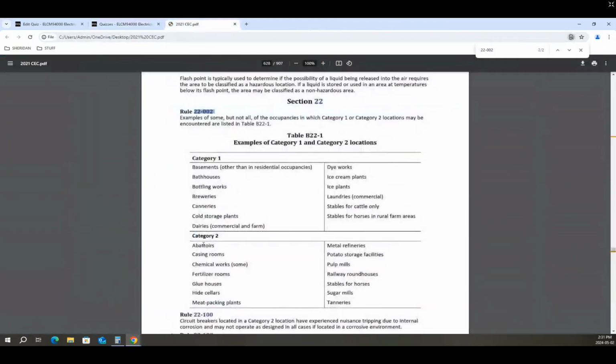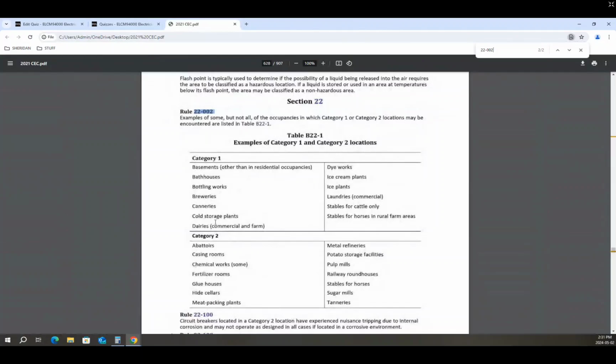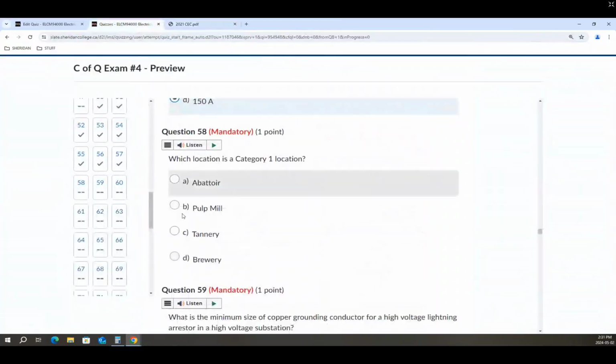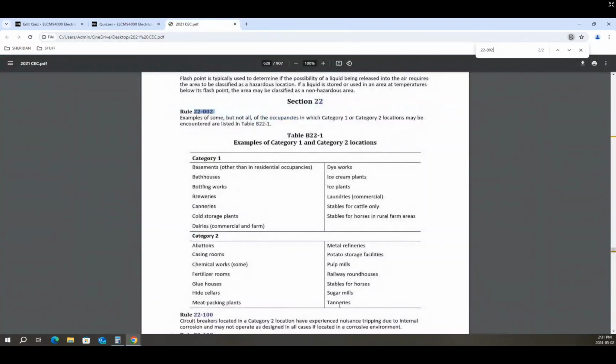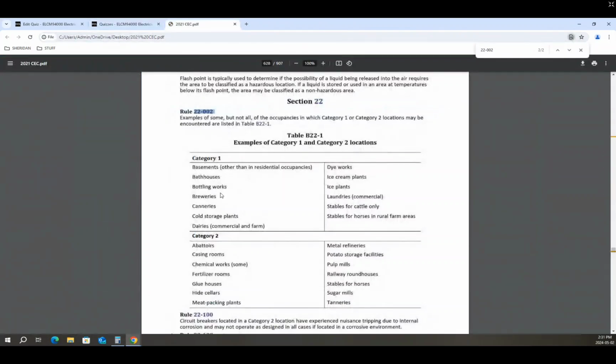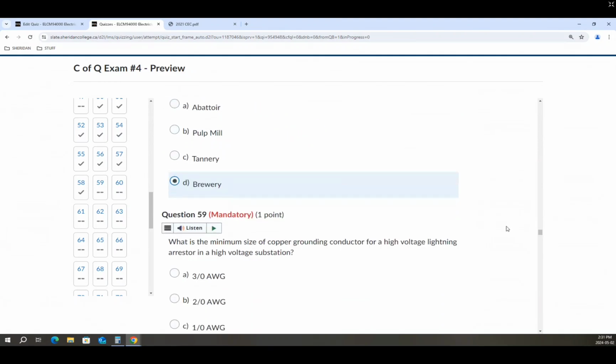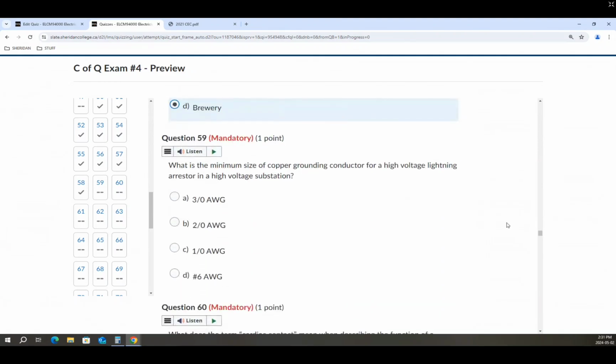So abattoir is a Category 2. Pulp mill, that's also a Category 2. Tannery is also Category 2. Brewery, that's Category 1. Which location is Category 1? Brewery. Again, that one's a bit of a time waster.